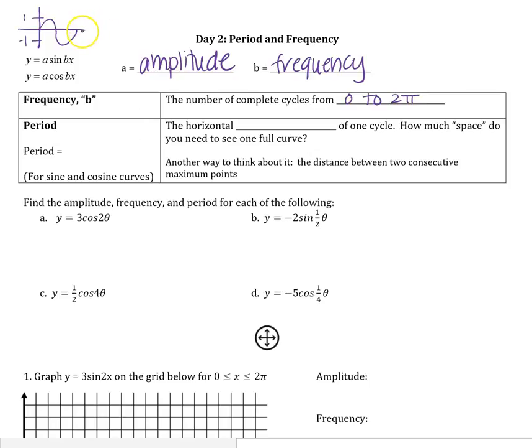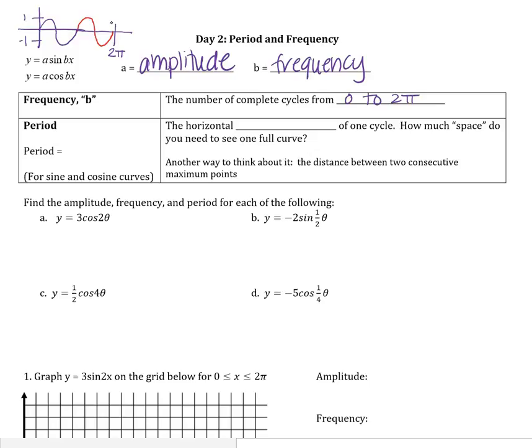What happens if I say that two sine curves are happening from 0 to 2 pi instead? So maybe in another color, I'll add another. So let's say this is all occurring between 0 and 2 pi. Since two complete cycles occurred between 0 and 2 pi, the frequency is then 2.